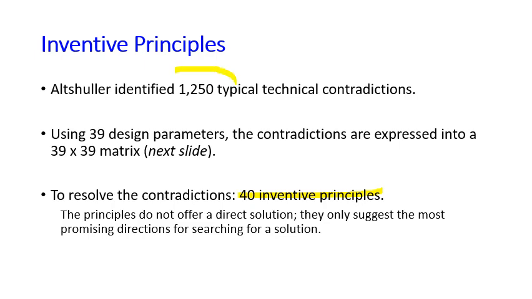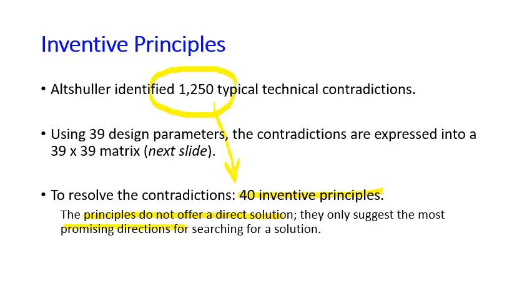So to solve these more than 1,000 typical contradictions, TRIZ offers ideas using these 40 inventive principles. Remember that they do not offer a direct solution, they only suggest the most promising directions.